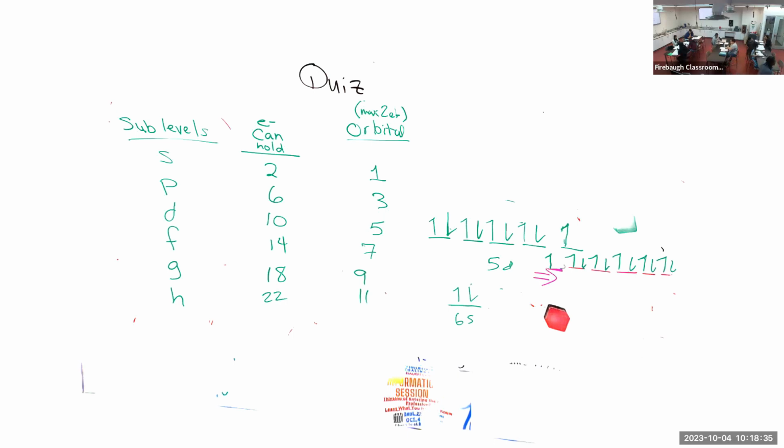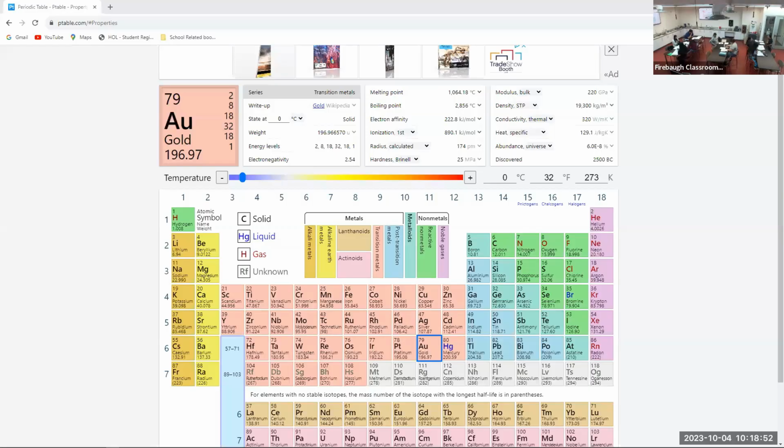So if I'm losing electrons, let me give you an example. Let me pull up my periodic table. Okay, so let's say we have, let's do iron. So we have iron 2 plus.